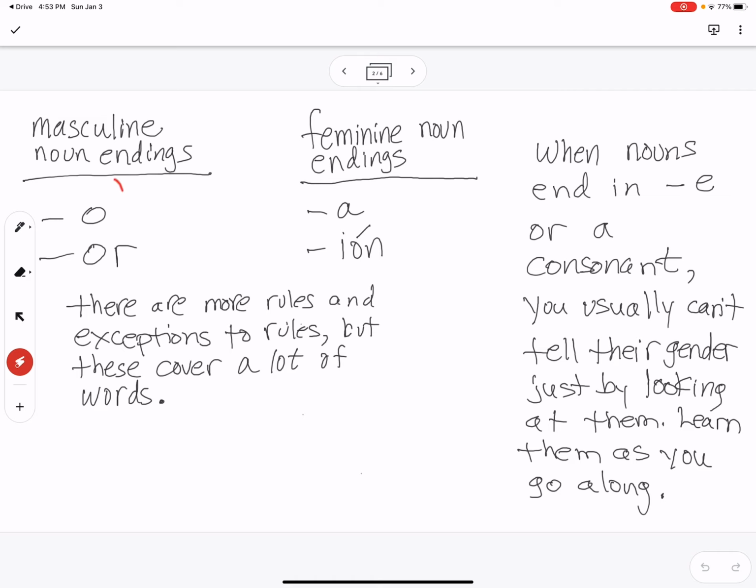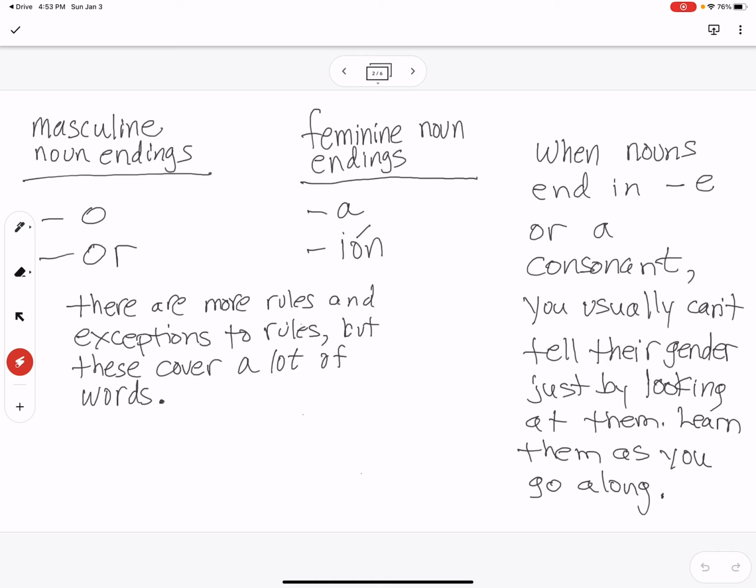Now, these here, the O or OR for masculine and the A and ión for feminine, these are general rules. And if you have learned anything so far this year, you know that in Spanish, as in any language or life in general, really, rules have exceptions. But these endings, and this concept here, they cover a lot of words.